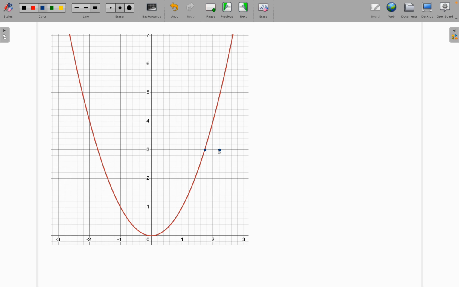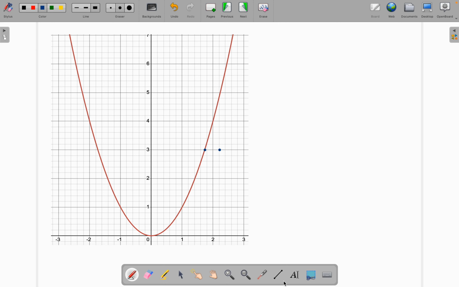Now how much does y change? Y changed this much, and x changed this much. So this is y1 minus y2, which can be written as delta y, and this is x1 minus x2, let's say delta x, right?